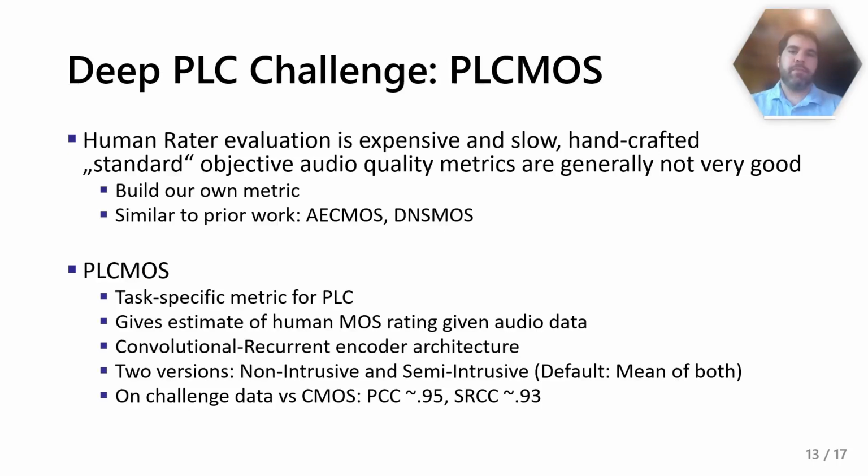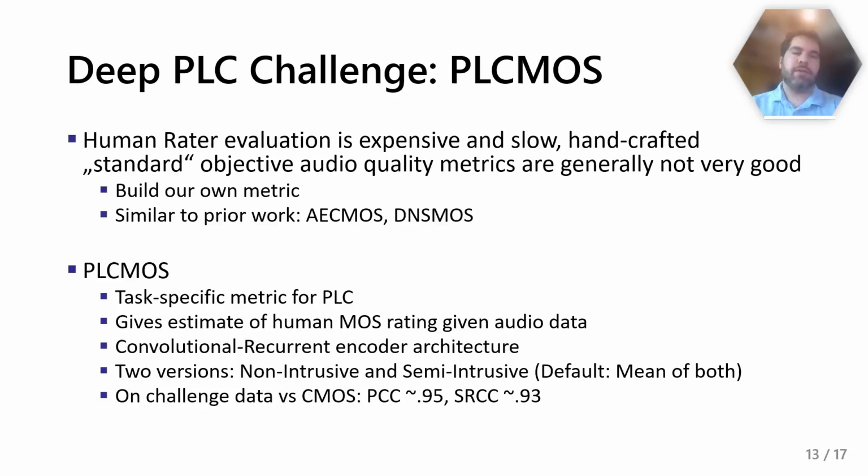Earlier in my presentation I mentioned PLC-MOS. One of the problems, as I mentioned, is that in audio, human rater evaluation is expensive. It's slow, and handcrafted standard objective audio quality metrics are generally really bad. So what's the solution? Well, you build your own metric, in a data-driven way. We have a bunch of prior work there: AUC-MOS, DNS-MOS, and PLC-MOS is now our task-specific metric for PLC.